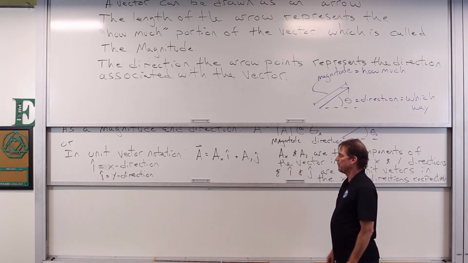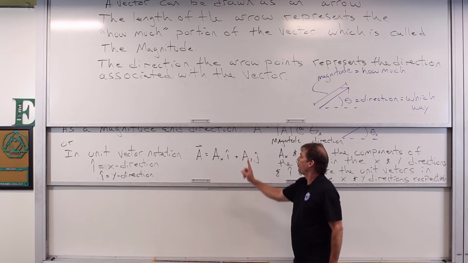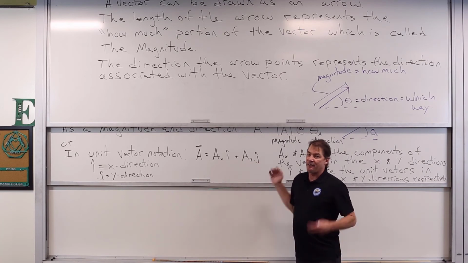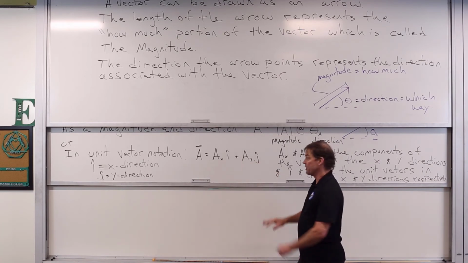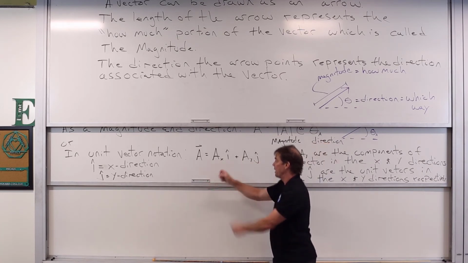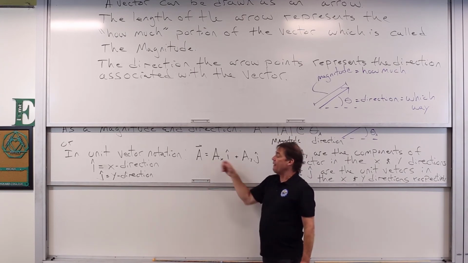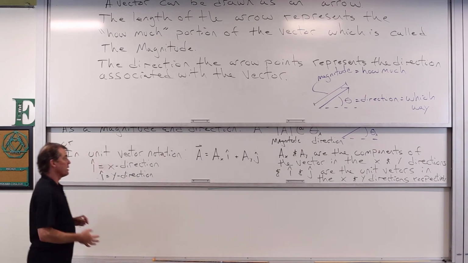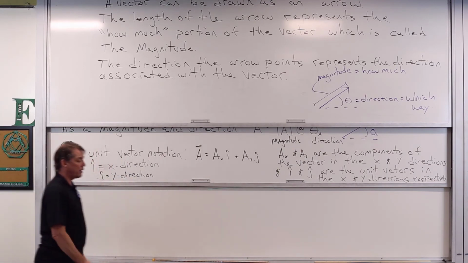I hat and j hat's a little bit easier to sort out. And these upward pointing arrows tell us that those are unit vectors. They have a magnitude of 1. Ultimately, they're just saying in that particular direction. So we can break a vector down into its components. Some amount in the x direction and some amount in the y direction.